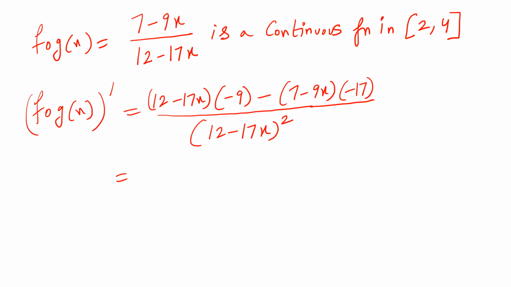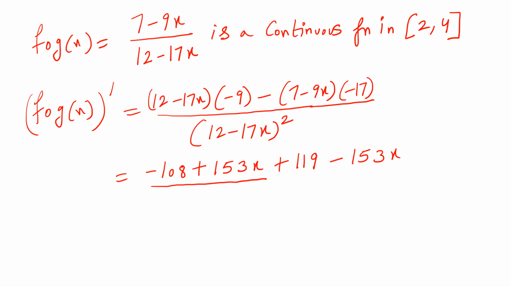So this becomes equal to (-108 + 153x + 119 - 153x) whole divided by (12 - 17x) whole square.